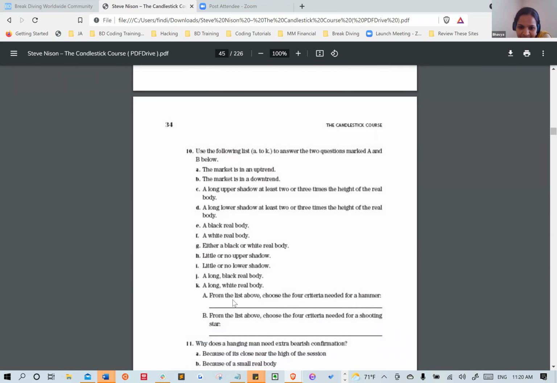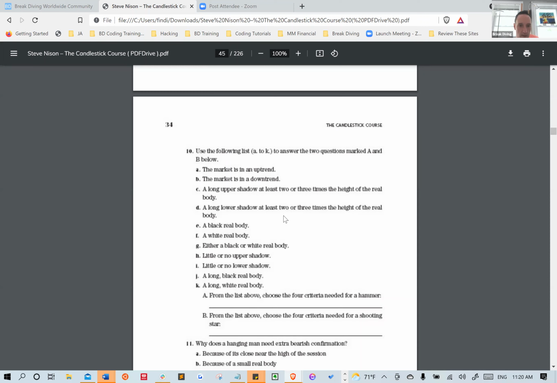From the list above, choose the 4 criteria needed for a hammer. Okay, so let's find those. I'll find 2 and you find 2. For a hammer, the market is in a downtrend. A, B, and D. You did D, a long lower shadow, 2 or 3 times the height of the real body.